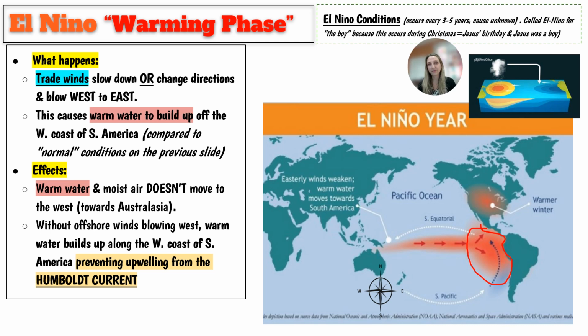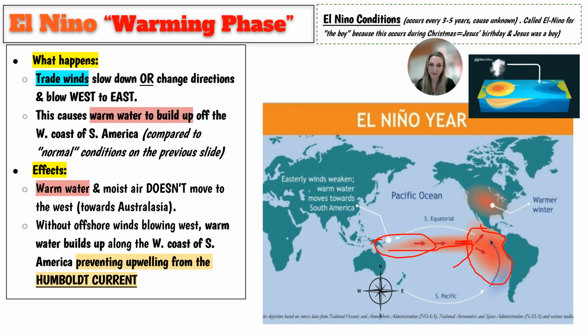The effects: warm water and moist air will not move west toward Australasia. Likewise, even if it's weakening winds or a reversal, where this warm water would have been is getting pushed over to the South America coast.